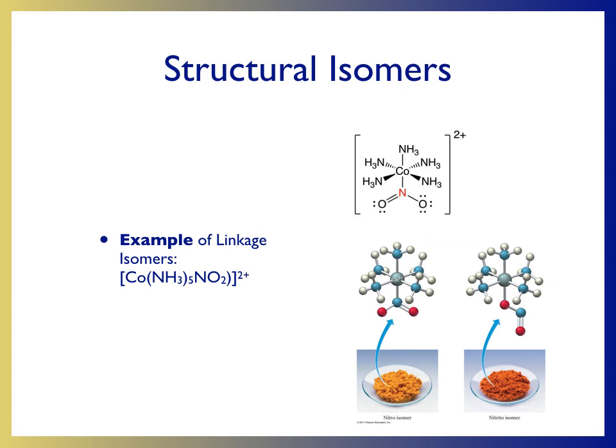For the complex ion on the left, the nitro ligand bonds to the cobalt with the nitrogen atom, which yields a light orange colored solid. The isomer on the right has the nitro ligand bonding with an oxygen atom, which gives a darker brown color. Color is one good way to distinguish between different isomers, different structural and geometric isomers that we're going to see in the next lecture.